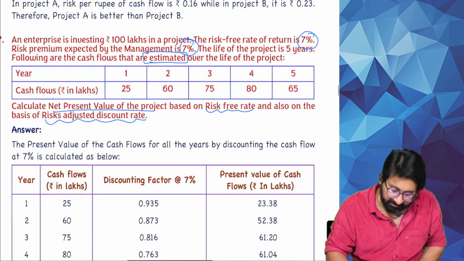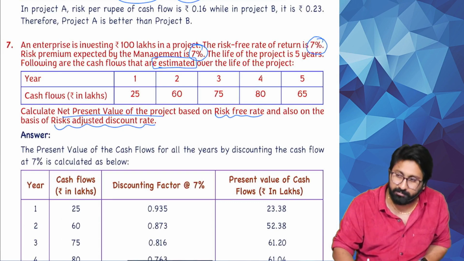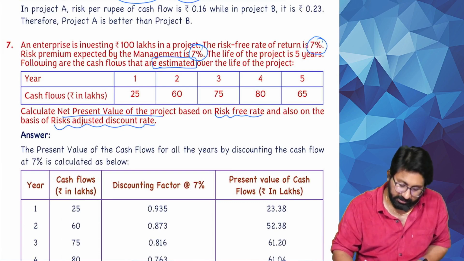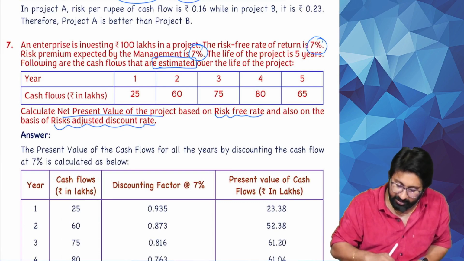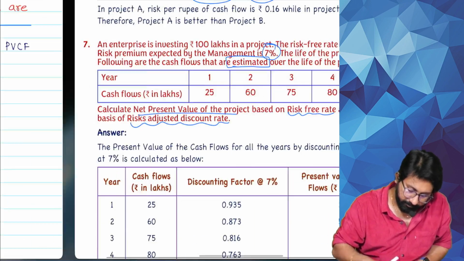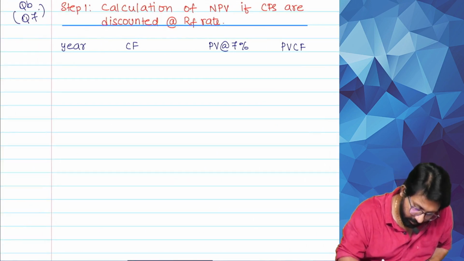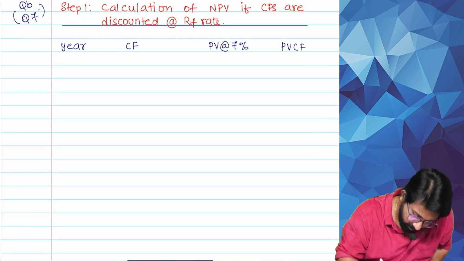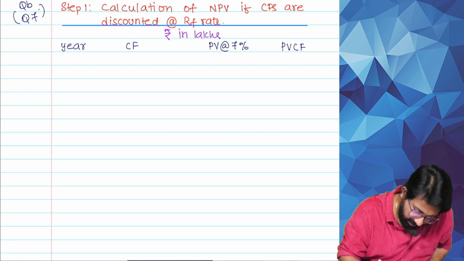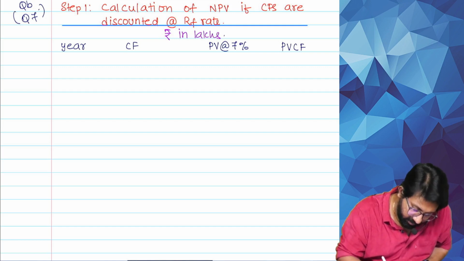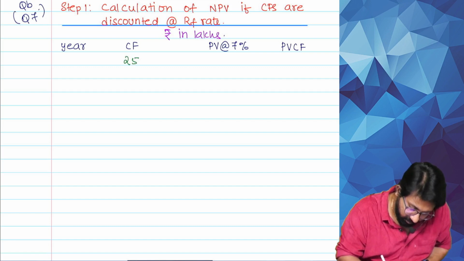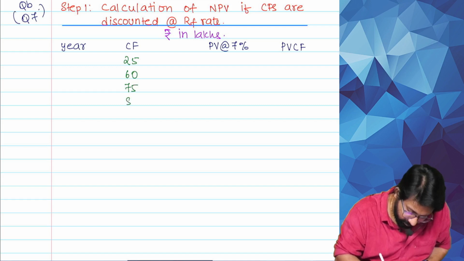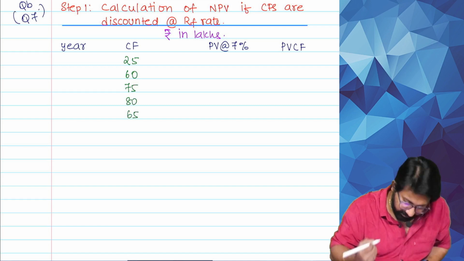The cash flows are 25, 60, 75, 80, 65. Note down the numbers. 25, 60, 75, 80, 65. Rupees in lakhs. Tell the numbers once to me. 25, 60, 65.